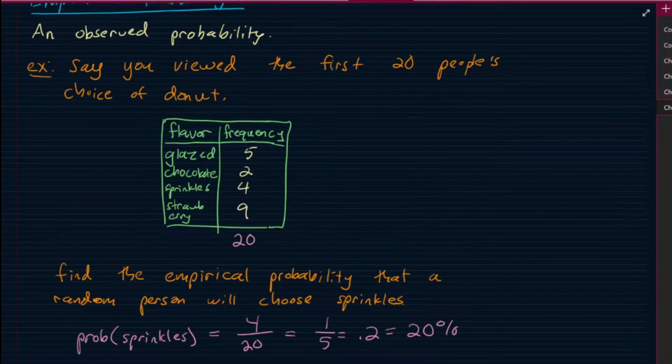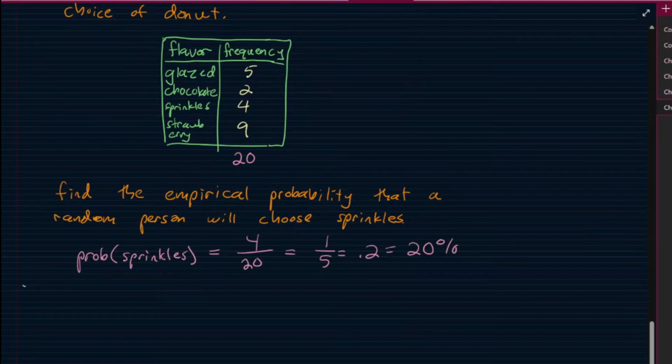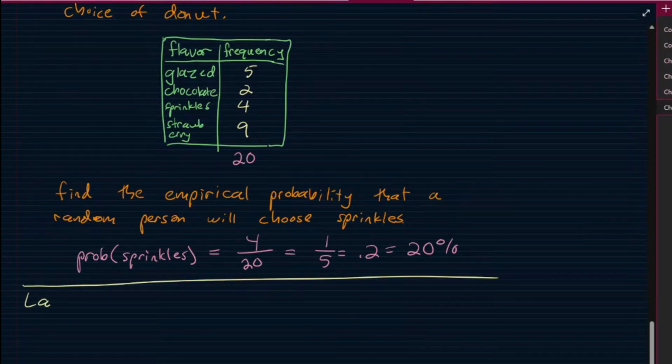So there's something called the law of large numbers, which is quite important. I know it's a very silly sounding name for such an important law.